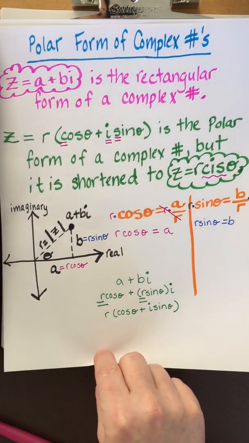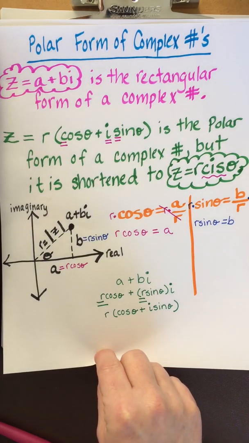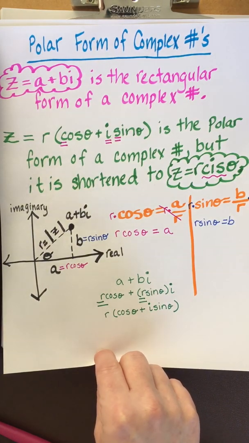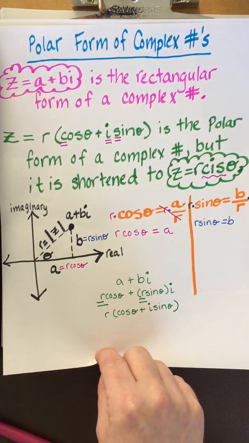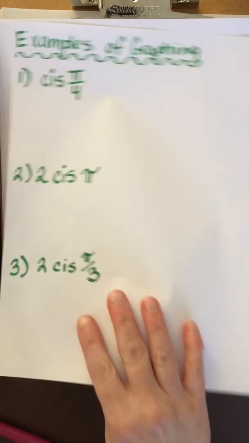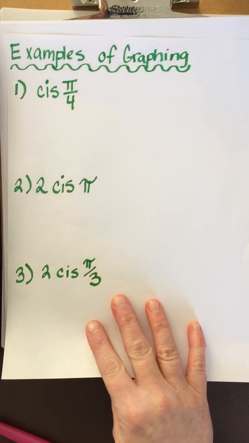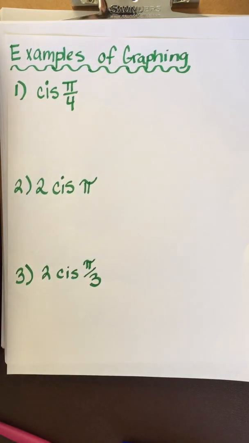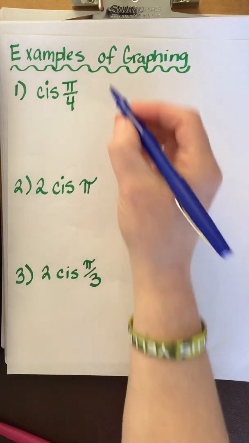All right, so for our first examples, what we're going to do is graph some of these things that are in polar form. All right, so the first thing we're going to try graphing is cis pi over 4. So I'm going to write this in the long polar form.